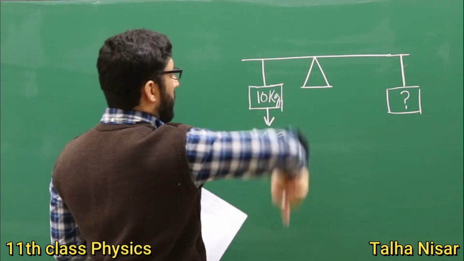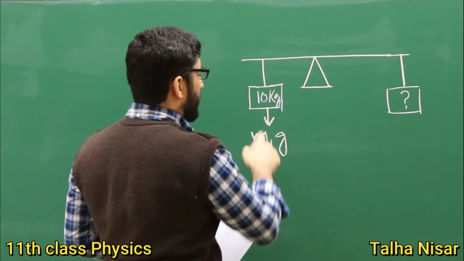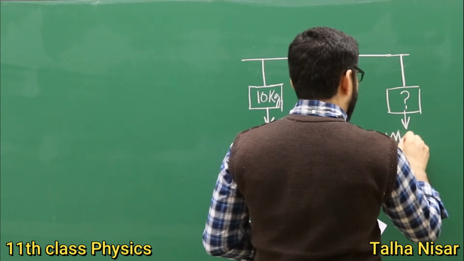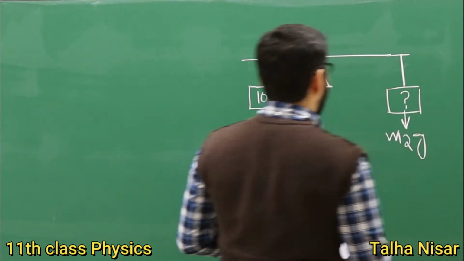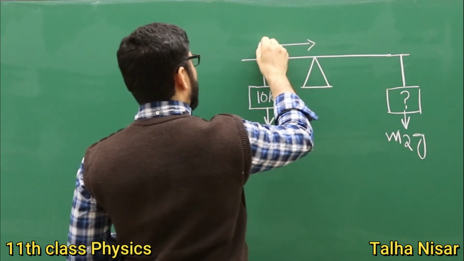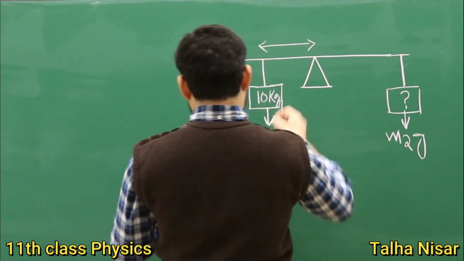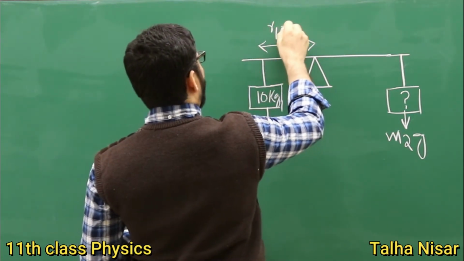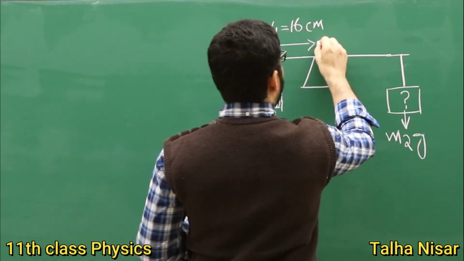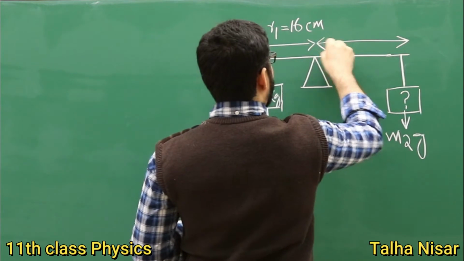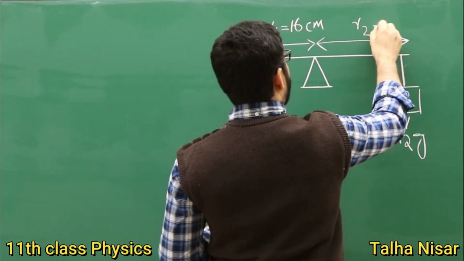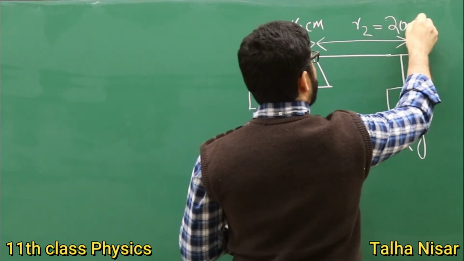So this will cause the M1G. M1G is the gravitational force because of this mass, and we have the M2G here. And the distance, which is the moment arm for this one, R1 equals 16 centimeter, and this distance here is 20 centimeter.